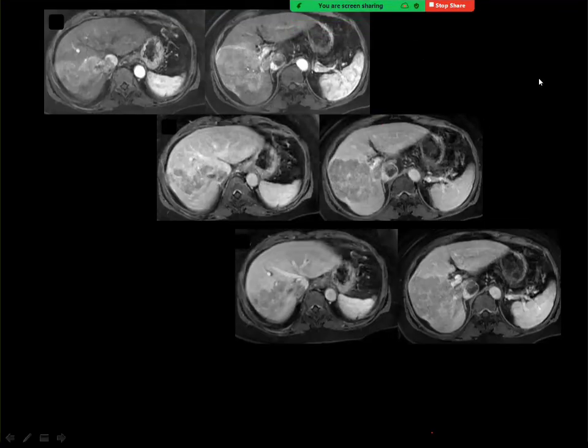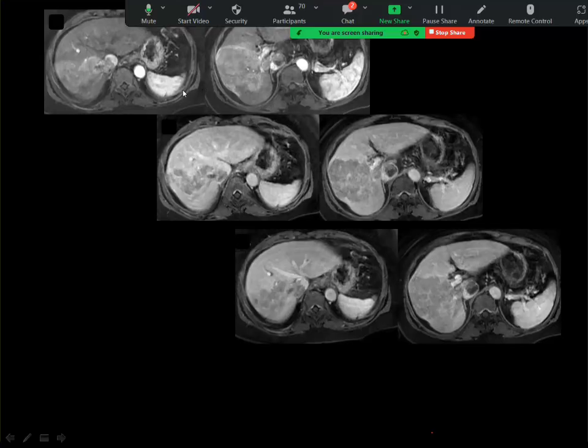Yes, and this is right. Invasion of the IVC. You see in the arterial phase, the tumor is going inside the inferior vena cava, and here also you can see the tumor thrombus inside the inferior vena cava.